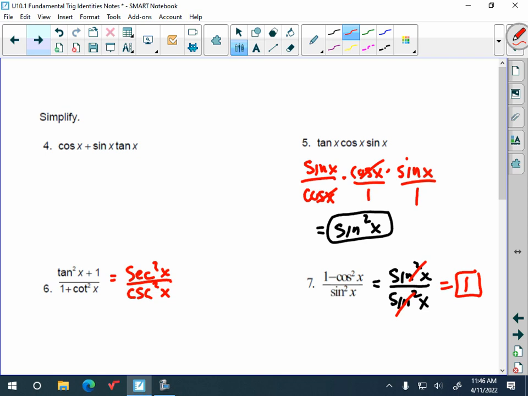All right, so now this is where we would probably try to change everything to sines and cosines using reciprocal identities from the front. All right, so secant squared is 1 over cosine squared divided by cosecant squared is 1 over sine squared.